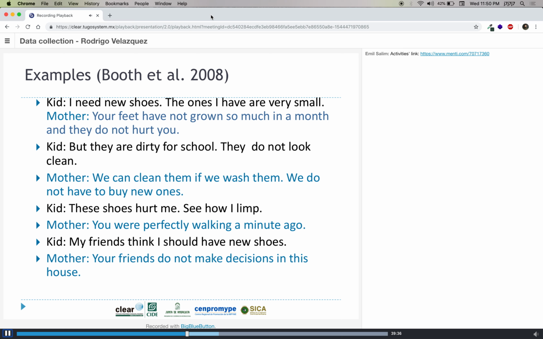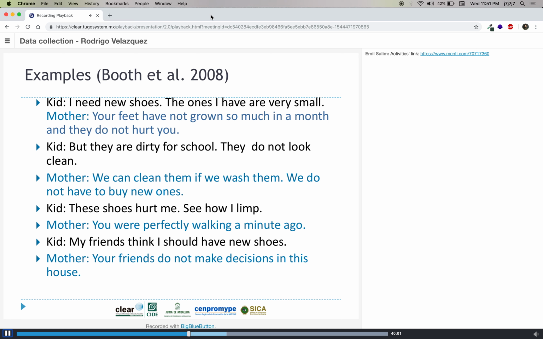So what the kid is saying in this case is evidence that is not representative, because in this very simple example that I am giving you, the mother says that the kid is walking and she never noticed that he was limping, but however right now he's limping, and she says, okay, but you were perfectly walking a minute ago.